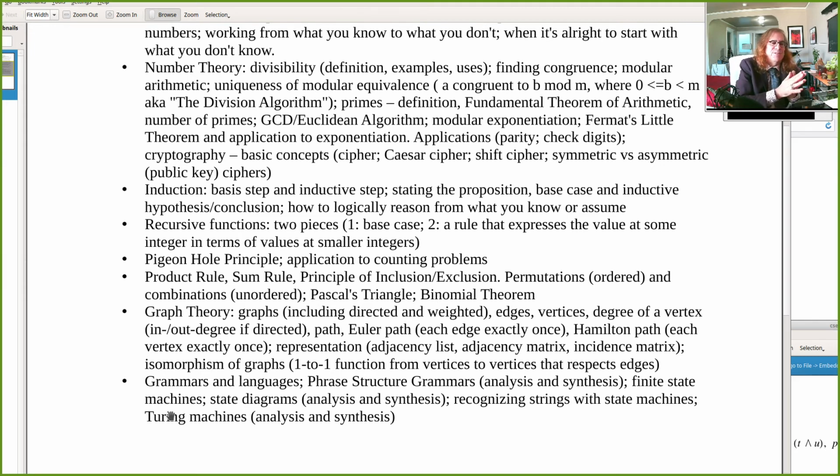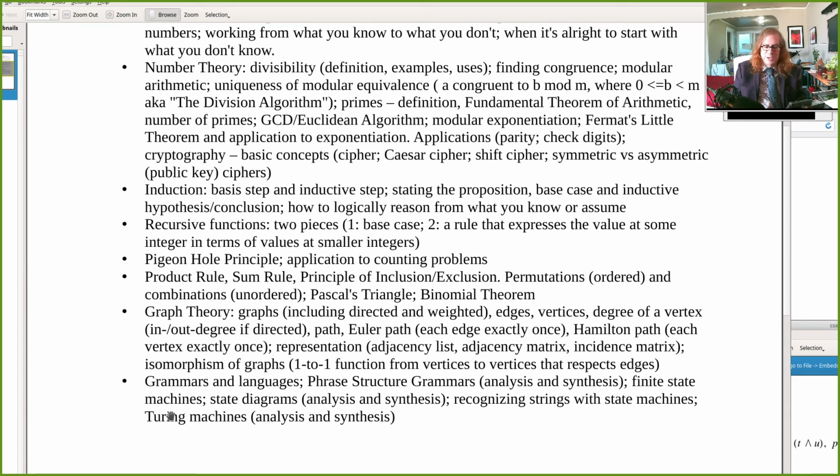You should know what vertices and edges are, right? Vertices are the dots, edges are the lines or arrows connecting the dots. It's that simple. The degree of a vertex is the number of edges going into it. If we have a directed graph, we have two degrees, an in degree, which is the number of edges going in, and an out degree, which is the number of edges going out. Right, so you just add those up, and you can find the sum of the in degrees and the out degrees.